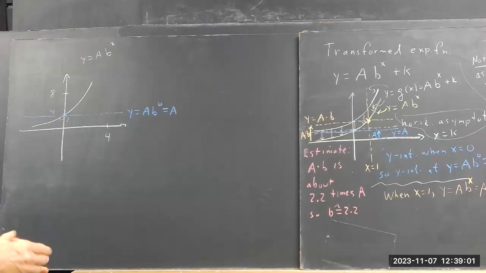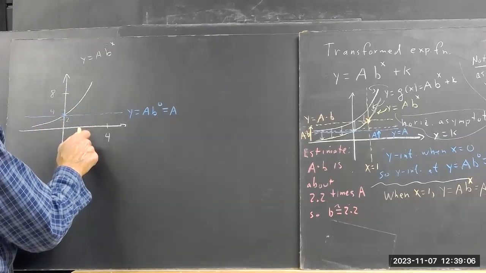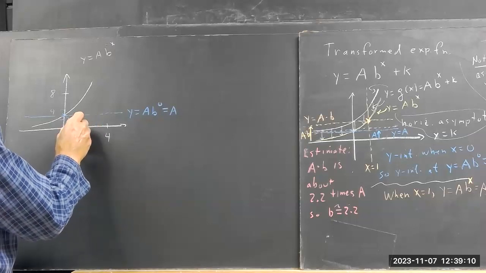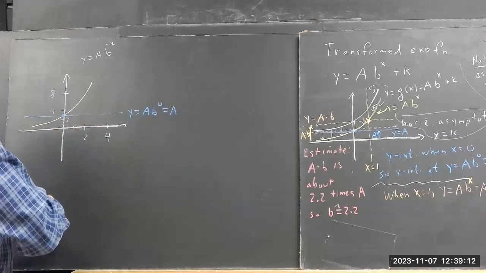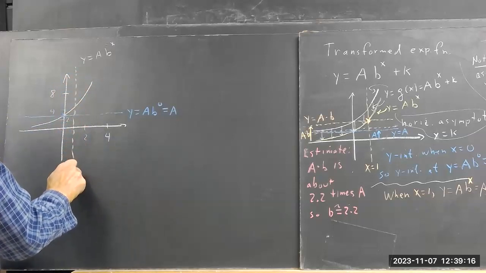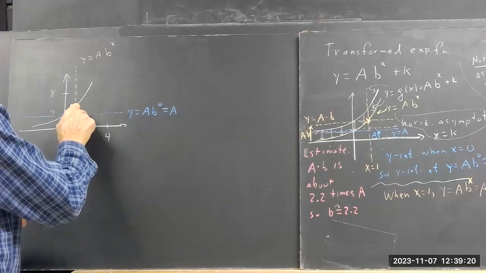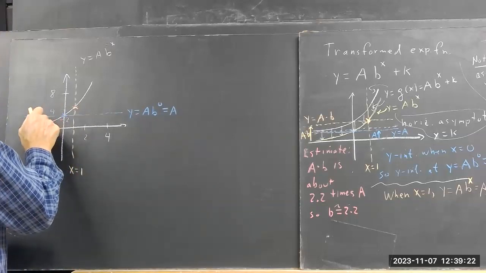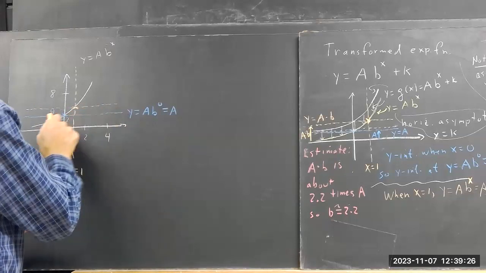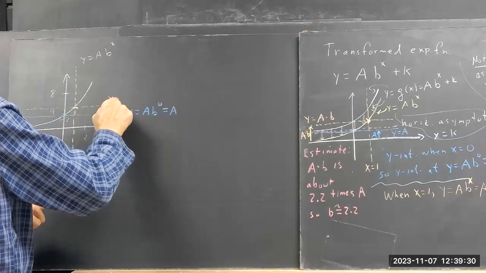But in more general, what I say is, if it's convenient, okay, here's 4, here's 2, here's 1. Here's x equals 1. What is y equal to on this line?